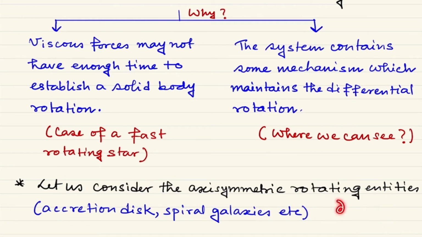Sometimes we also say del theta; it depends on the convention we follow. Either we take r theta z, or in some literature rho theta z, or sometimes r phi z or rho phi z. All these conventions are present.